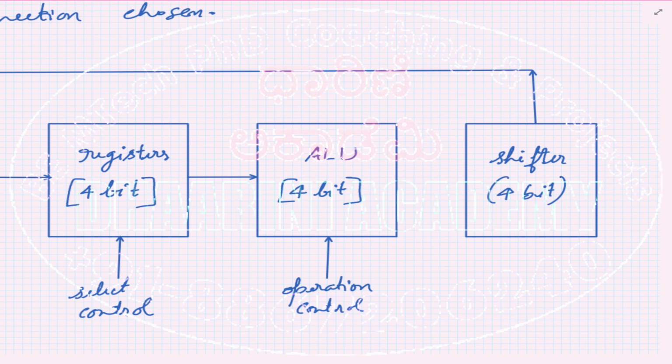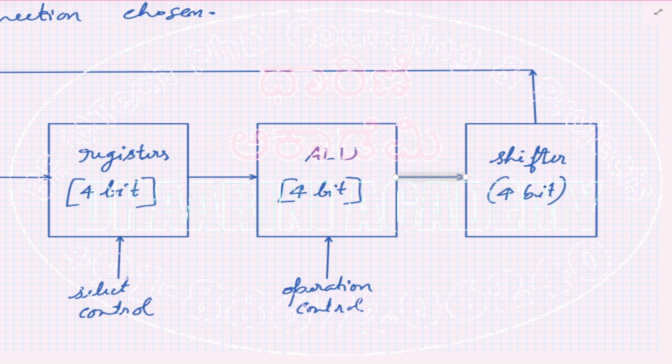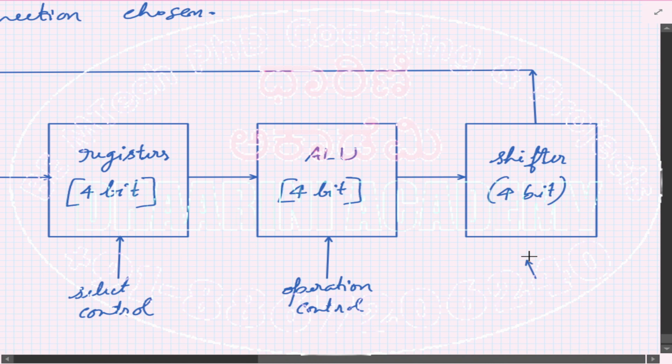Even the shifter expects a control. The data from the ALU directly comes into this shifter, and the shifter expects another input as a control signal, and that control is called the shifting control.